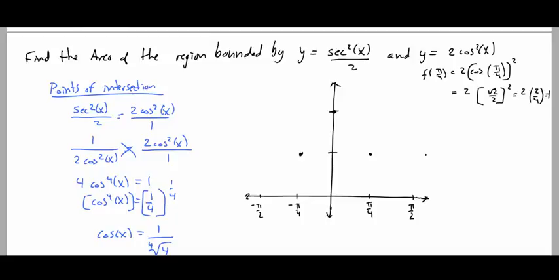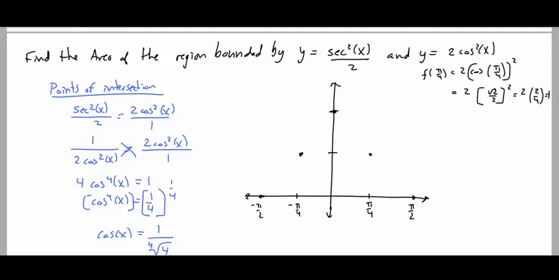Okay, pi over 2, the cosine of pi over 2 is going to be 0. 0 squared is 0, 0 times 2 is 0. So here I am. Now this looks like it could be a sharp V, but we know it's a trig function, so it's this nice smooth curve. And our graph really only goes to pi over 4, but I'm going to sketch in a little extra here.